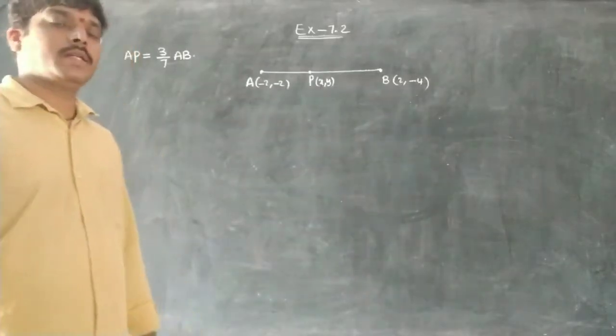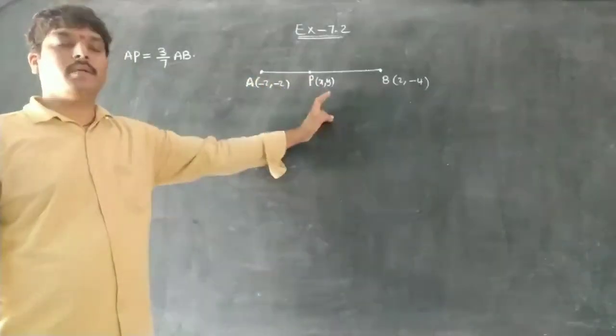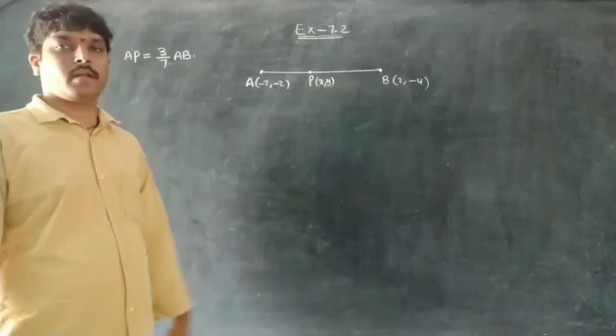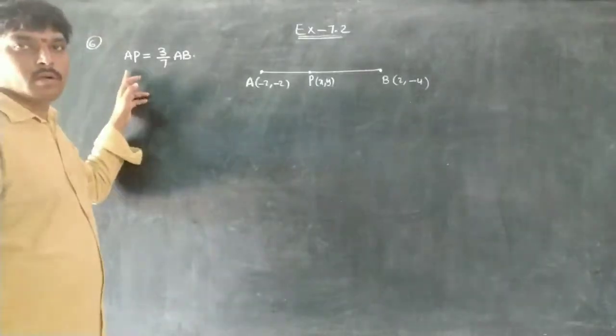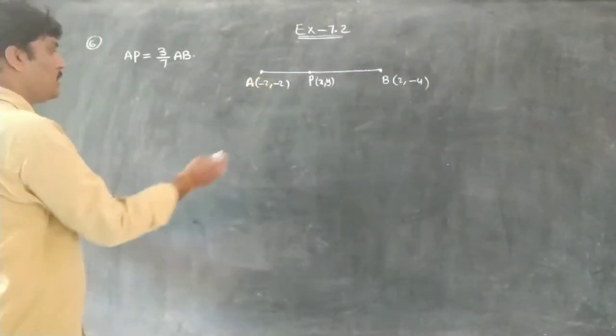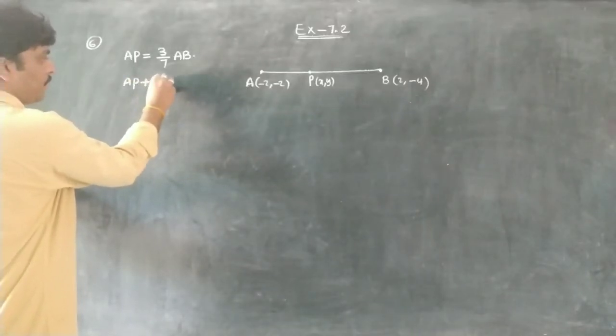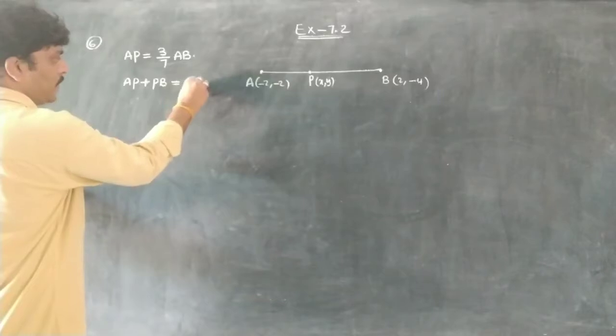Find the coordinates of P. P is a point on line segment AB. A is given, B is given, and AP is equal to 3 by 7 AB. This is the given condition. We have AP plus PB is equal to AB.